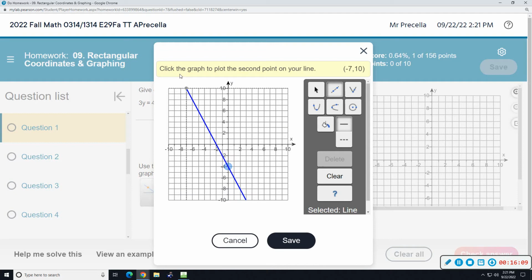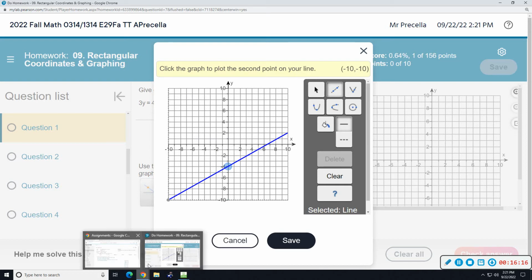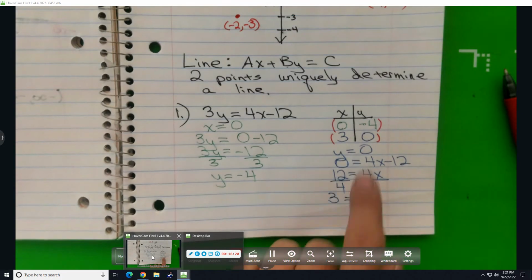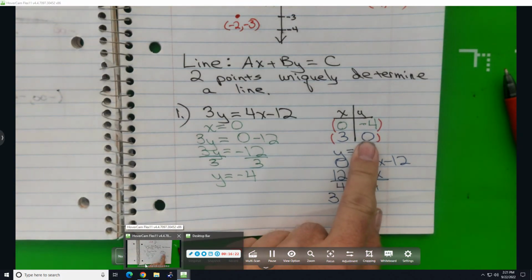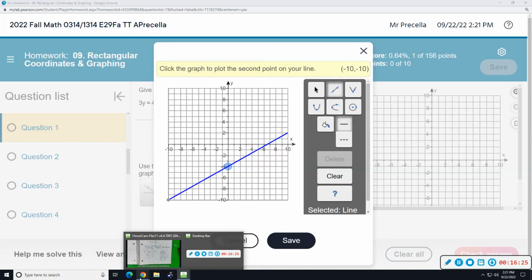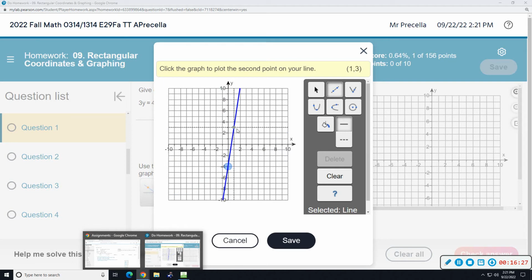Now up here the instructions say, click the graph to plot the second point on the line. Well, what was the second point? Look back at your work. 3, 0. What was it? 3, 0. Okay, so we go back to the graph. We need 3, 0. We start at the origin. 1, 2, 3. Is that 3, 0?